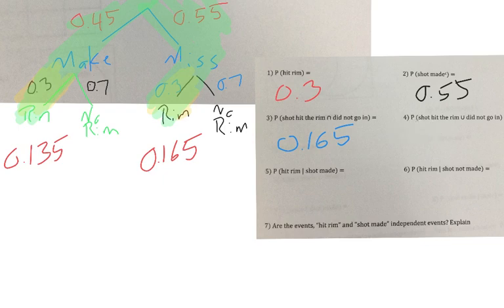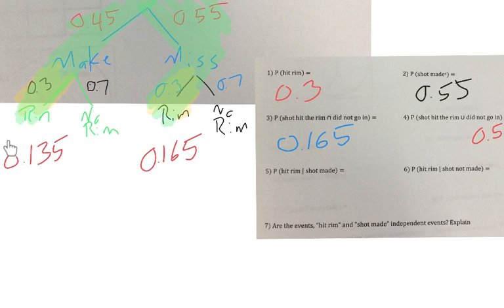Look at 4. What's this saying? What's the probability that it hit the rim or didn't go in? So this one's kind of a little different. What percentage did not go in? 55. So this part did not go in is 55%. Now how many other ones hit the rim? Well, it'd be this branch here.